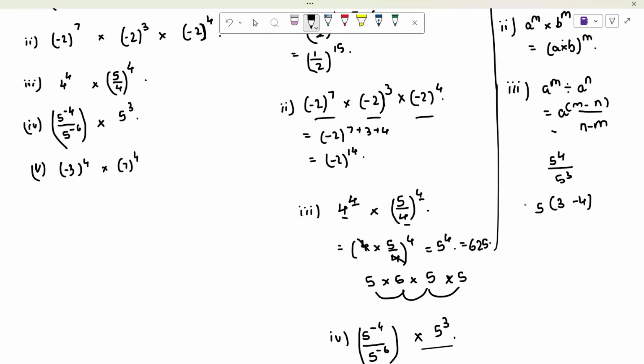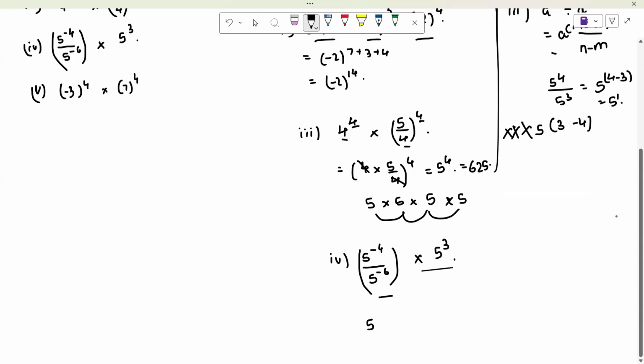This is completely wrong. It will lose you marks in the exam. So you should subtract m minus n, which means the first number minus the second number. So that'll give you 5 power 1, like that.